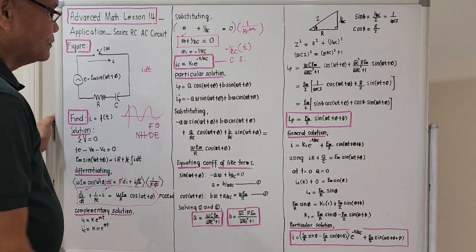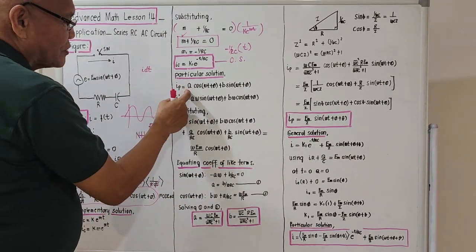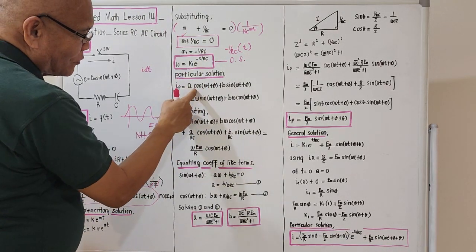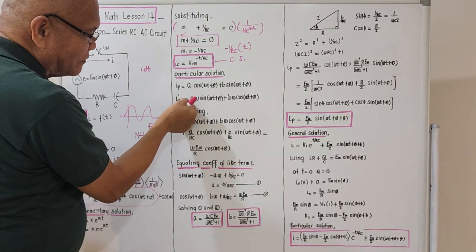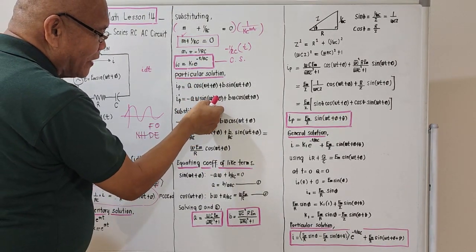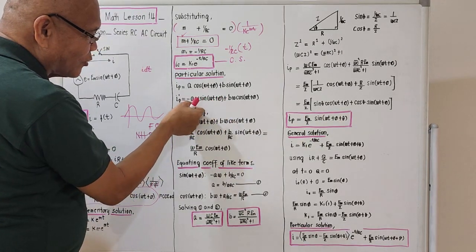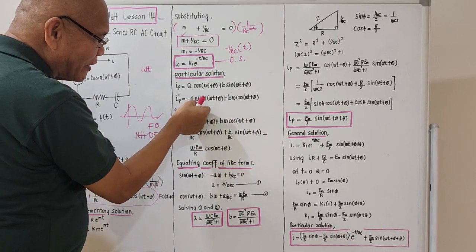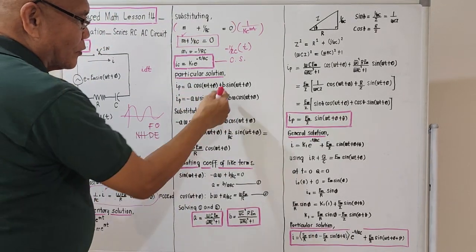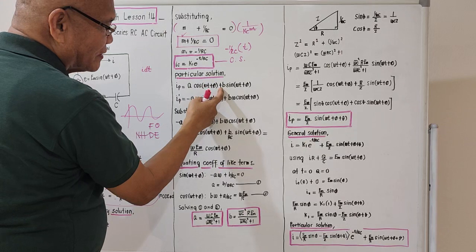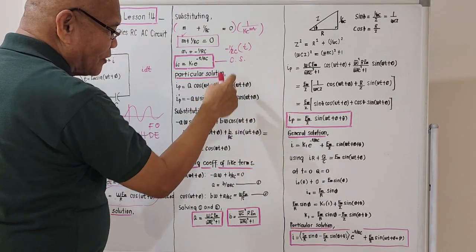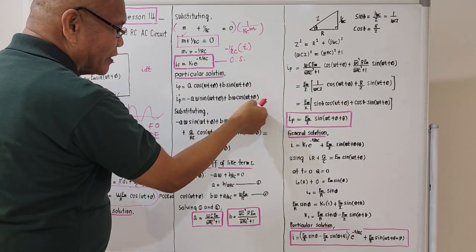Taking the first derivative. A is a constant times the cosine function, so it should be A. The derivative of cosine is negative sine, so this is now negative, times the derivative of the angle, omega times 1, so the coefficient will now be negative A omega sine of omega t plus angle P. For the second one, B is a constant and this is a sine function, so it will be B times the derivative of sine, which becomes cosine.